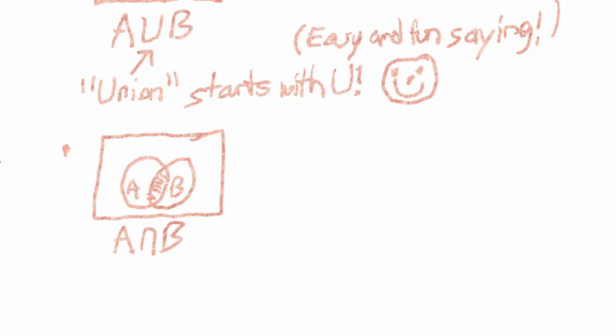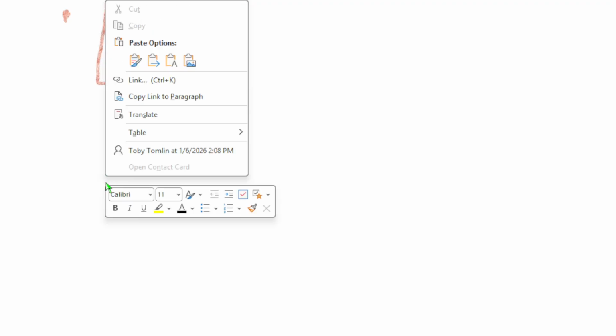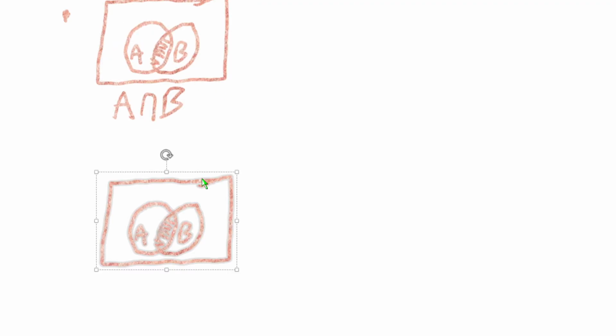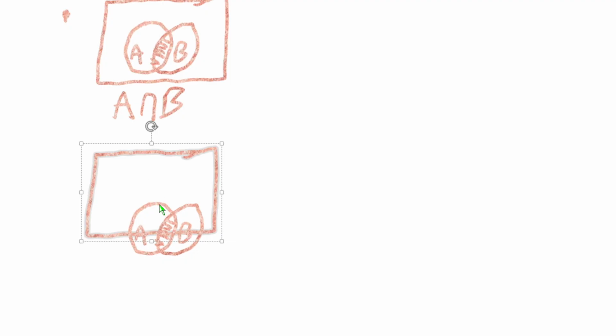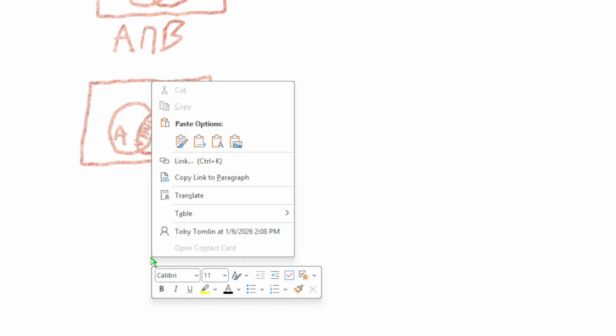This is A intersection B. And we'll try to copy this so we won't have to draw it again. Make another one because there's two more Venn diagrams that we'll look at.